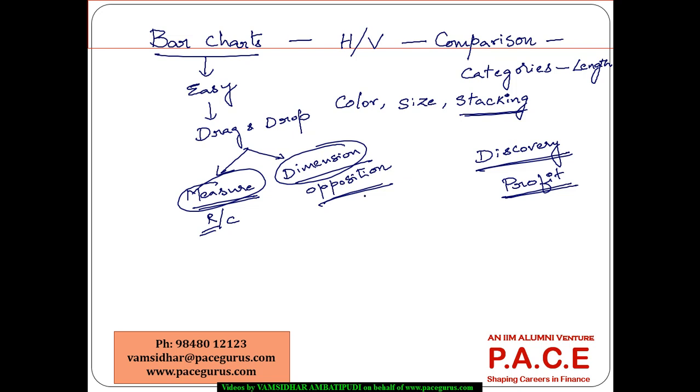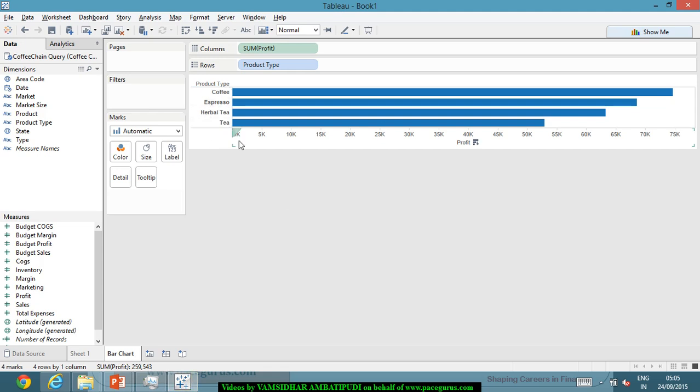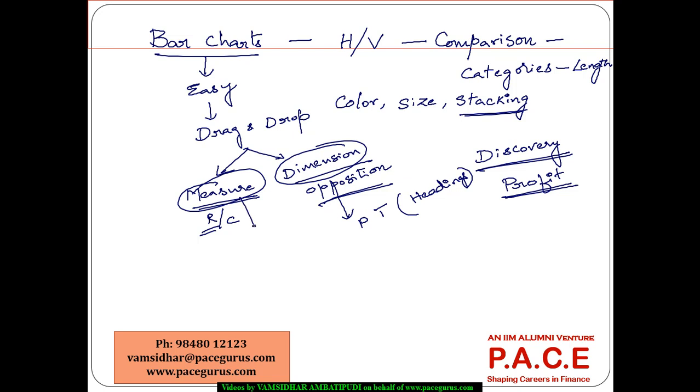So product type. Now product type is a dimension for us, so it should define the headings for the row. So that is what it has put, the headings. Fine. Then we have given a measure which is continuous, which is profit.